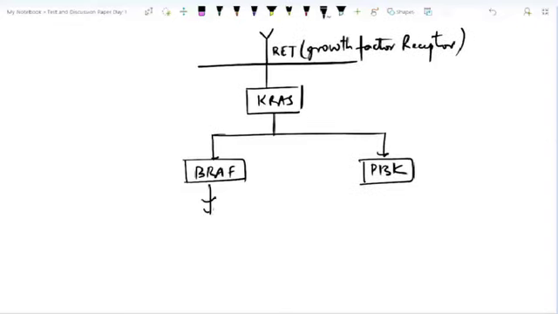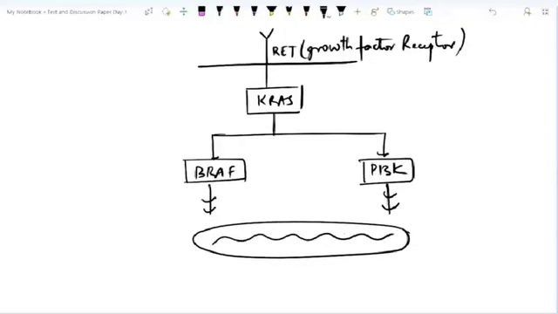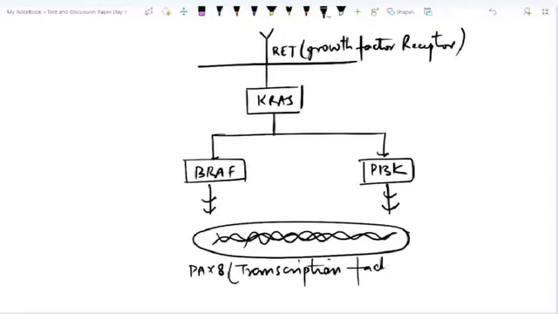Then they have their own further signal transductions, and finally the signal for growth reaches the nucleus, where you have a transcription factor named PAX8. This is a transcription factor. So these are the most commonly involved genes in thyroid carcinomas. So let's look at each one.